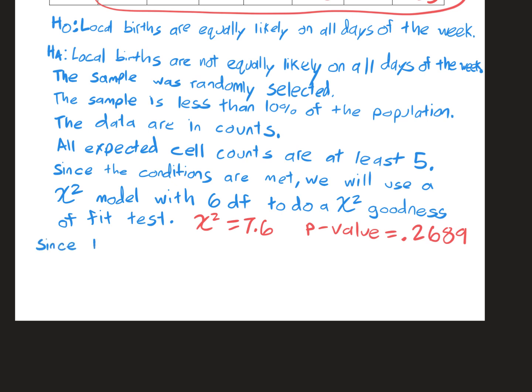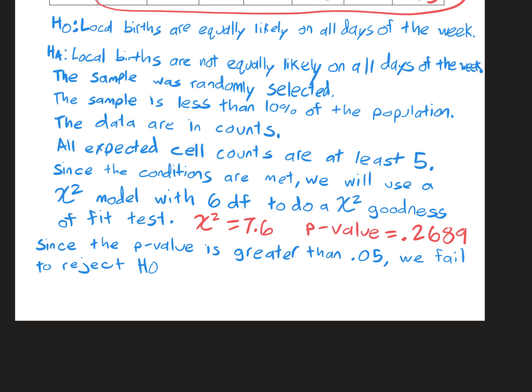Since the p-value is greater than 0.05, remember small p we reject, large p we fail to reject. We fail to reject H0.